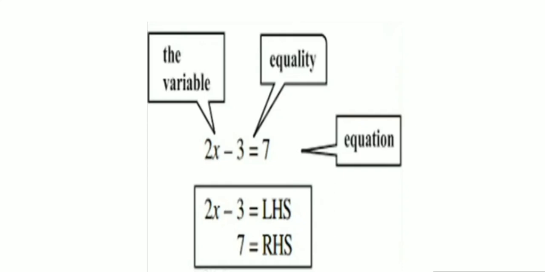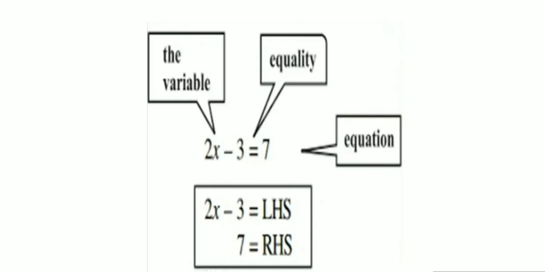That means they both are equal, so the value of the variable should be such which makes the sides equal. You can see here right hand side is equal to 7. So the value of x should be such that it is bringing out 7.